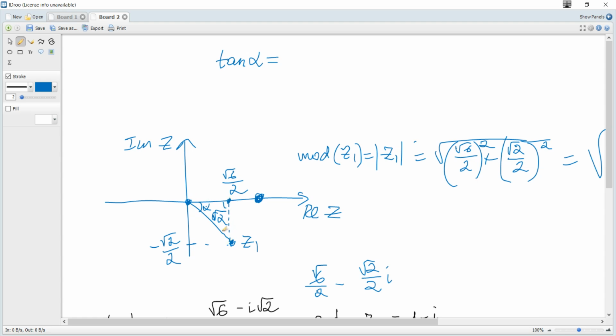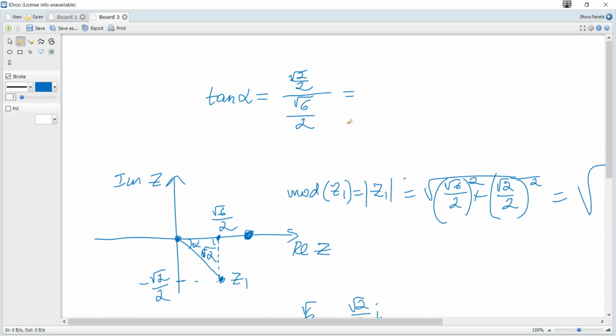When you consider such a supplementary right angle triangle, all lengths will be positive, and you find the tangent of the acute angle. So tangent is root 2 over 2 divided by root 6 over 2. The 2s cancel, and we get root 2 over root 6, or 1 over root 3.